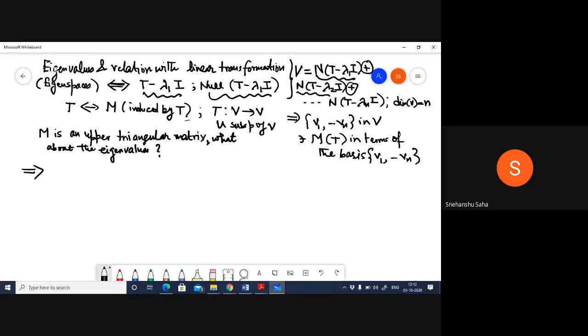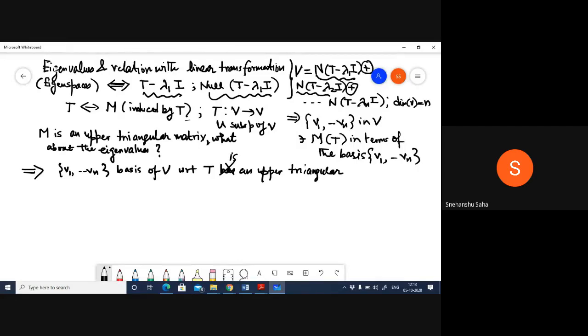Okay, so as we know that V1 through Vn is nothing but a basis of V, right? We know that a basis of V with respect to which T has an upper triangular matrix, because this matrix is induced by T, right? Okay, or T is upper triangular.